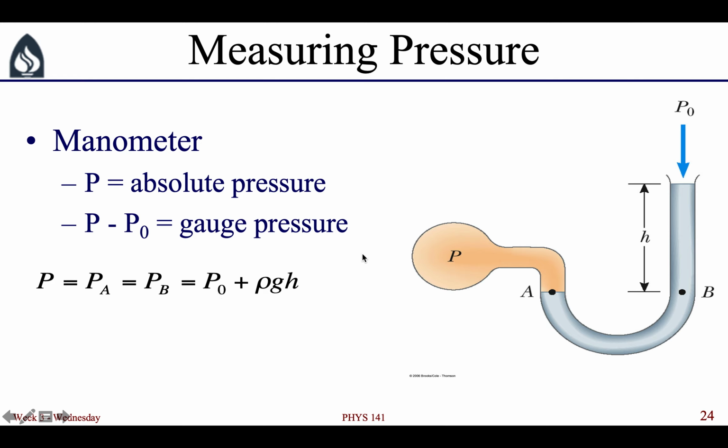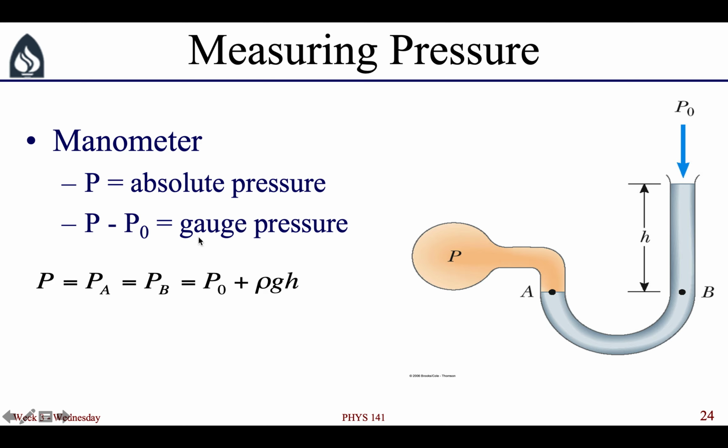Now, one thing to keep in mind that we will run into with problems is that sometimes in a problem you are told what the absolute pressure is. Sometimes you're told what the gauge pressure is. And the gauge pressure is equal to the absolute pressure minus the atmospheric pressure. So for example, if you were to take a football and take a pressure gauge and measure the pressure of the air inside the football, you would get the gauge pressure, not the absolute pressure.